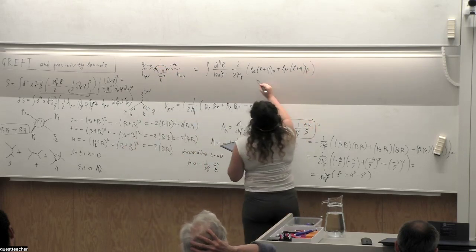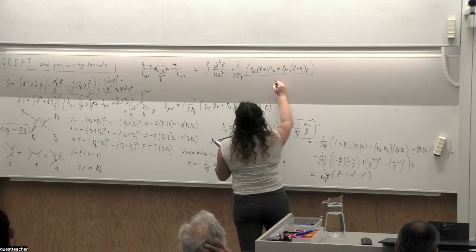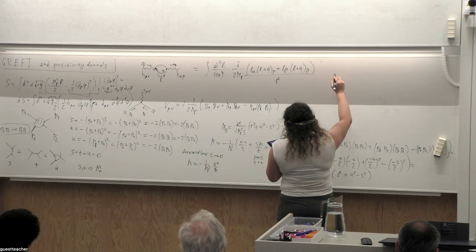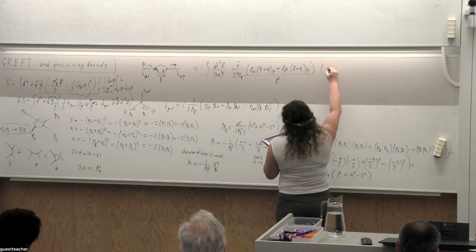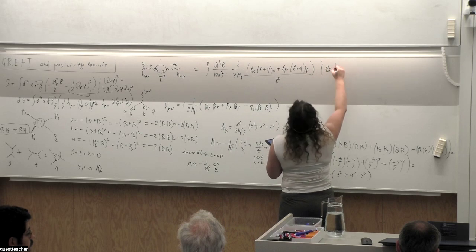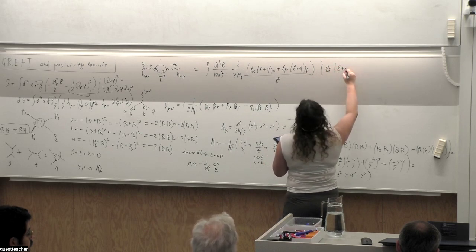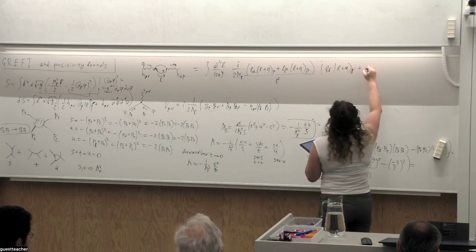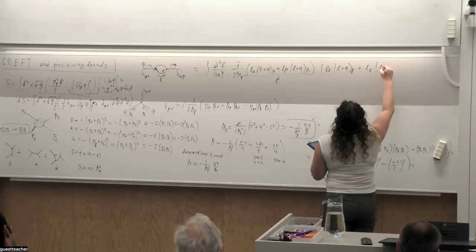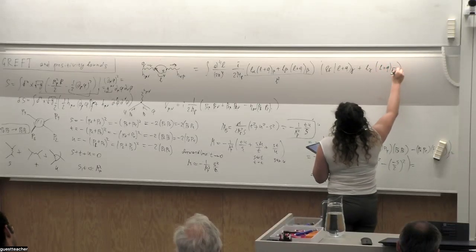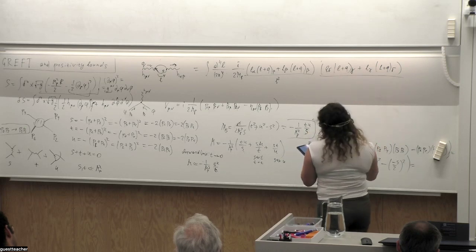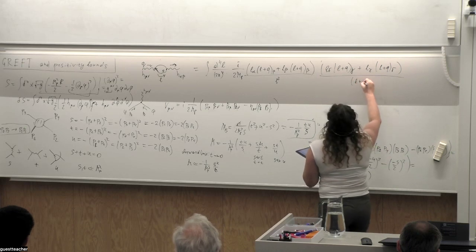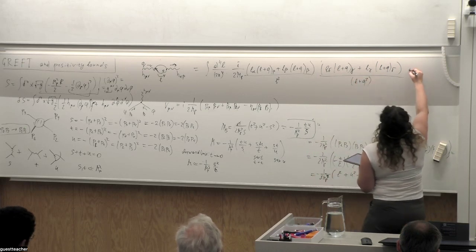I need to divide it by L squared, and there will be another vertex, L delta, L plus Q gamma, L gamma, L plus Q delta. And I divide it by L plus Q squared. So here there are some coefficients.